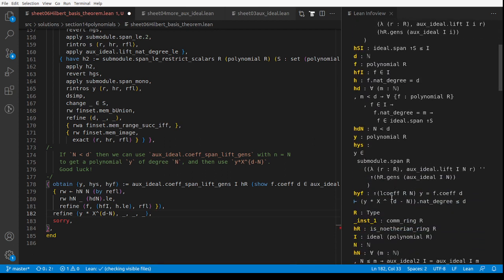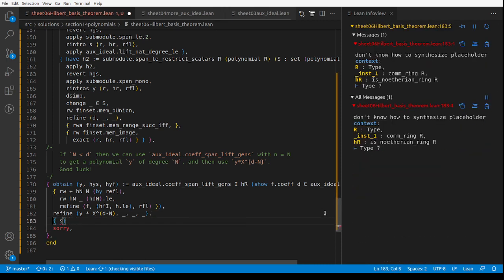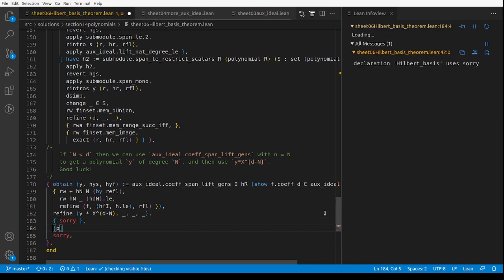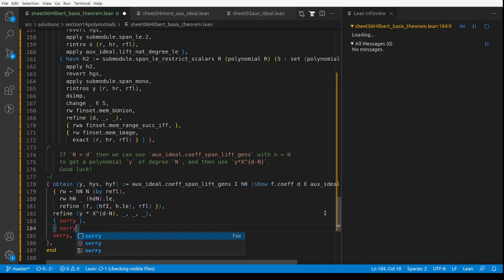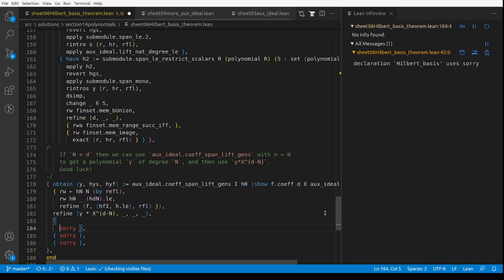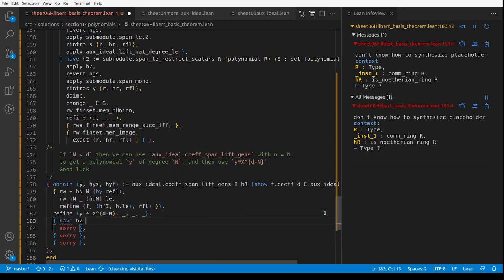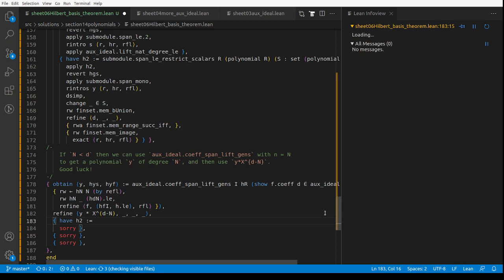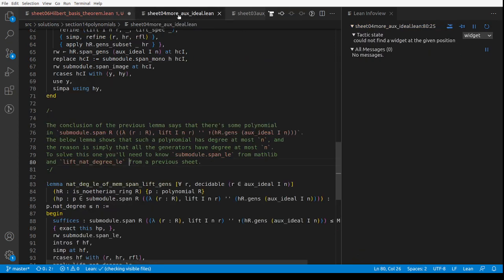Let's do this, and now we should have 3 goals. And the first goal, there. So have h2 := whatever it was called. This thing here.